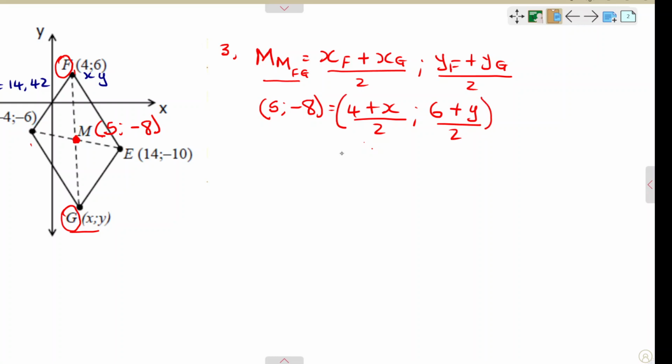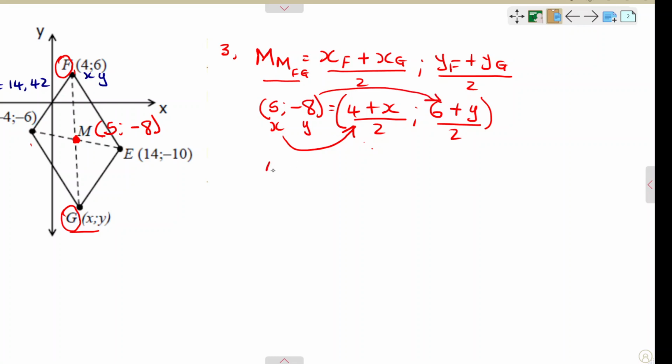Now let's look at this. This is the x-coordinate of the midpoint, and it should go together with the x-coordinates. This is the y-coordinate of the midpoint, and it should go with the y-coordinates.